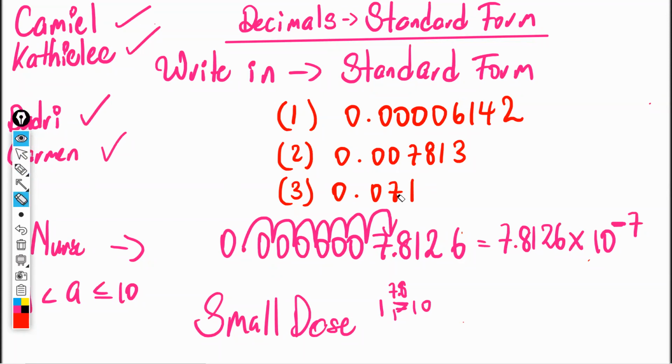Well, let's use 61617. Let's put these in standard form, but this time, guys, we're moving it to the right. Remember? So it's going to become negative. To the right means negative.